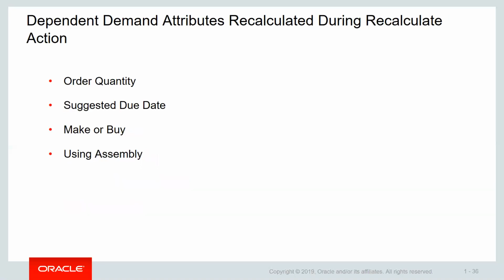And last but not least, here we are looking at the dependent demand attributes that are recalculated upon a recalculate action. These include order quantity, suggested due date, make or buy, and using assembly.